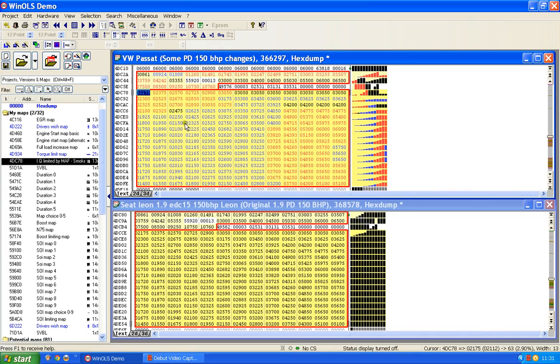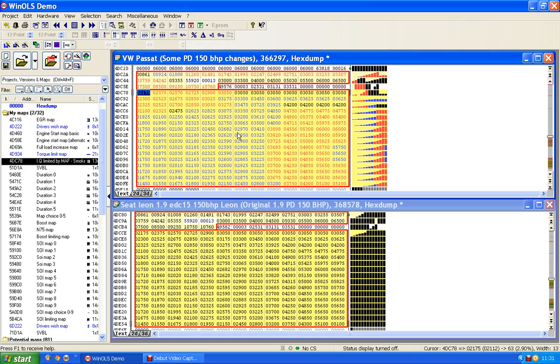So this MAF map will allow us to fuel up to 60 milligrams. The torque limiter is not going to allow that, so that's going to restrict it back to maybe 56, 57. But that's still considerably higher than the 50, 52, that sort of area that we had before on the original 130. So maybe this would be a significant change.